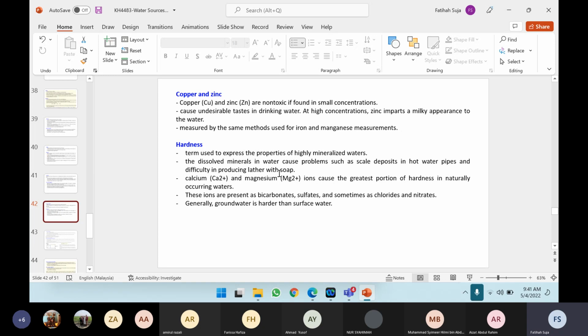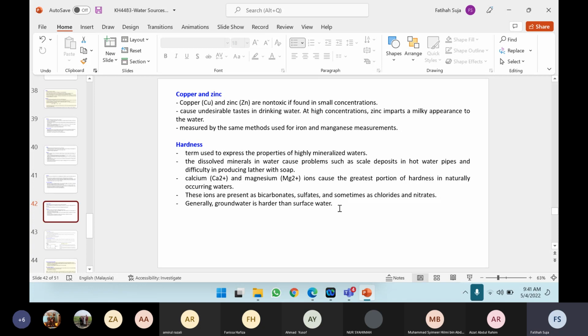So if the water is hard, then when you wash, you'll not be able to see all these soap bubbles. Okay, so you feel that it is not clean. These ions are present as bicarbonates, sulfates, and sometimes as chlorides and nitrates. Okay, generally groundwater is harder than surface water.